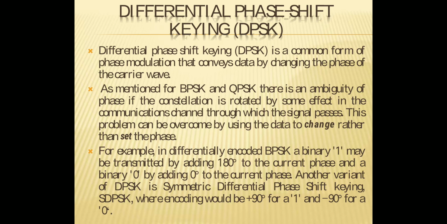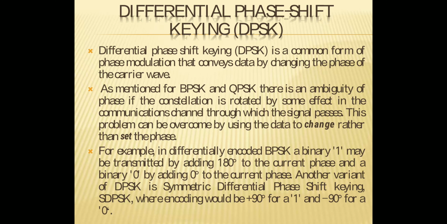That means if error is present or we have some ambiguity, that means confusion in the phase. In the communication channel through which the signal passes, there may be some effect present due to which the signal is confused. This problem can be overcome by using the data to change rather than set the phase.